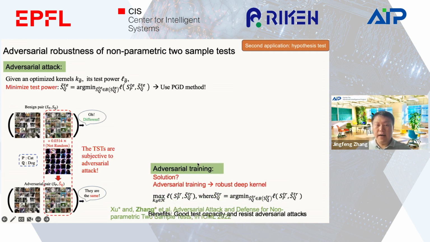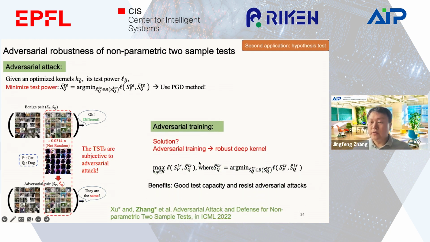To robustify the non-parametric two-sample test, we propose to adversarially learn robust kernels. In particular, this defense is formulated as a max-min optimization, which has a similar taste to adversarial training's minimax formulation.